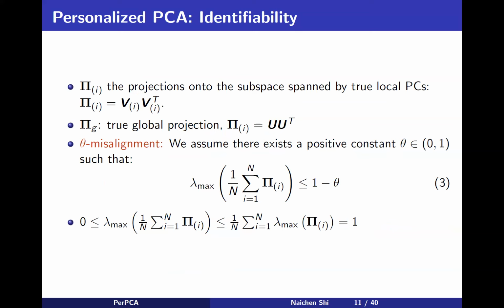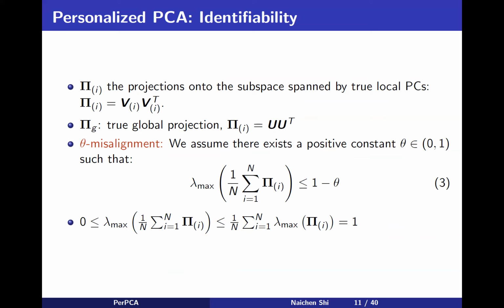So to this end, we introduce a notion called theta misalignment. Basically, theta misalignment characterizes the difference between 1 and the maximum eigenvalue of the average of the projection matrices onto the subspaces spanned by the column vectors of the local PCs.